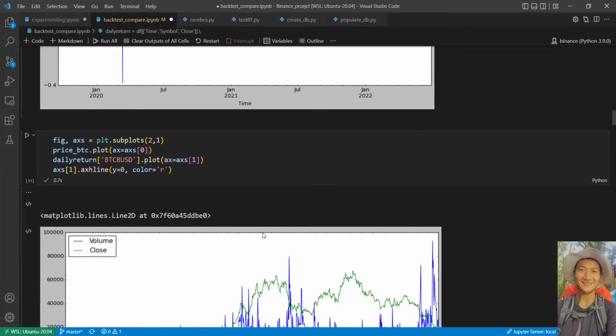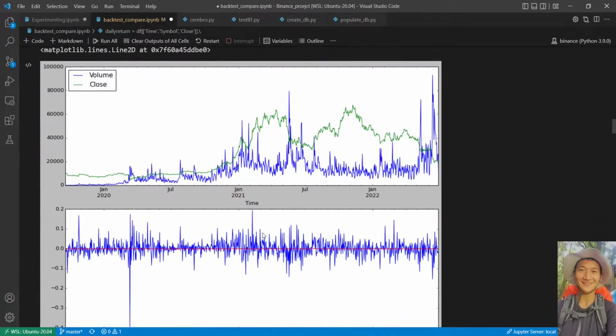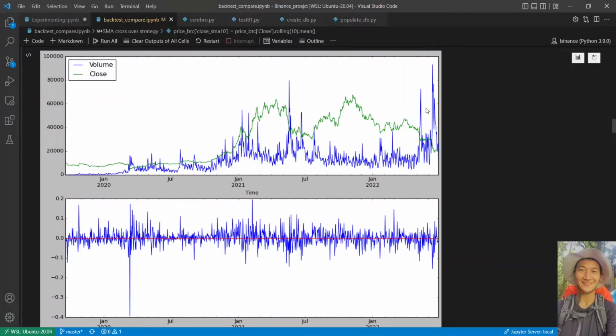So let's plot these two plots together. The big drop of the daily return from here also reflects the drop of the price on this day. And we can see that if there's an apparent drop or increase of the price, the volume also changes abruptly.